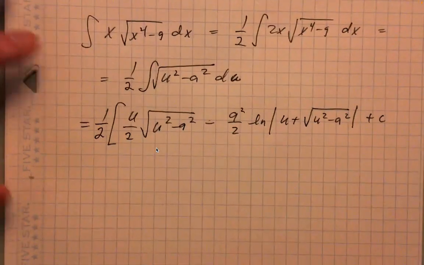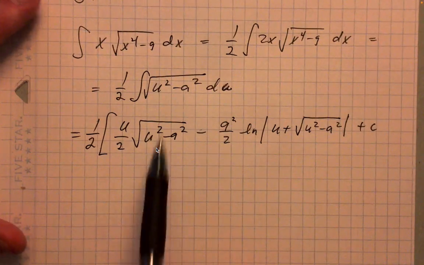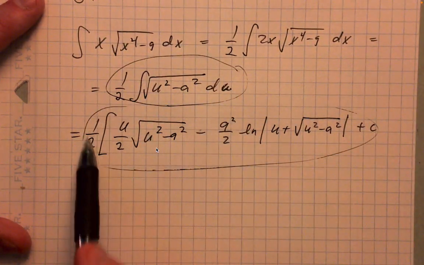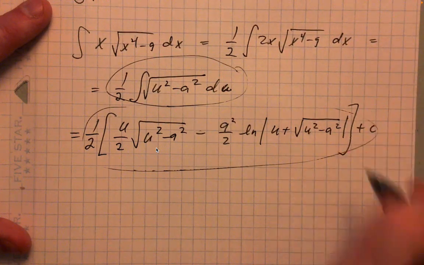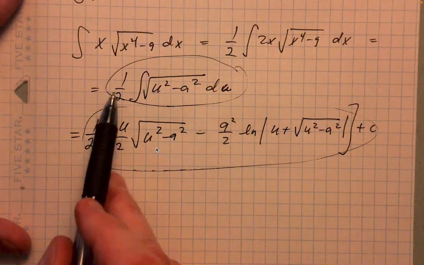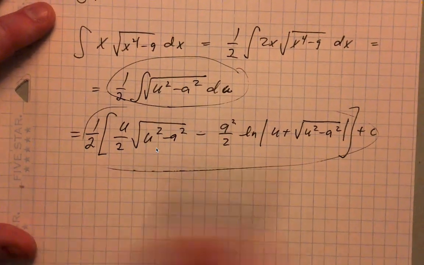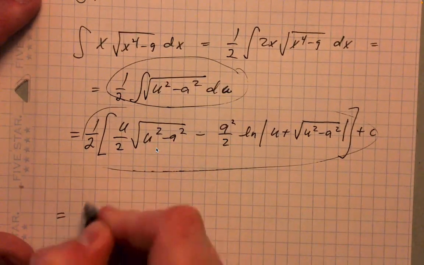So kind of a beast, right? This right here evaluates to this, of course with the 1/2 out front, because we had to use that in order to get the du substitution. So now we can just plug in our values, and away we go.